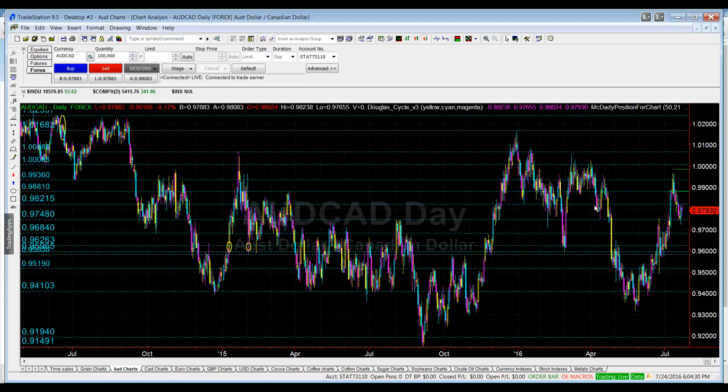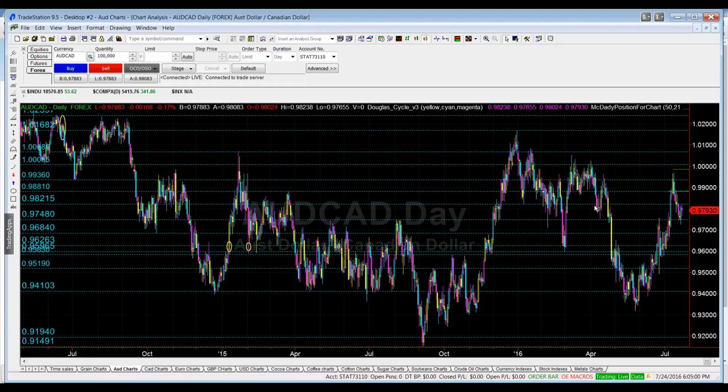This is one of the confirmations that we need, that we do have an upward movement, and these structural points will become our stop. So if you buy the Aussie CAD now at 97.93, for example, your stop is 97.48, which is the previous structure.